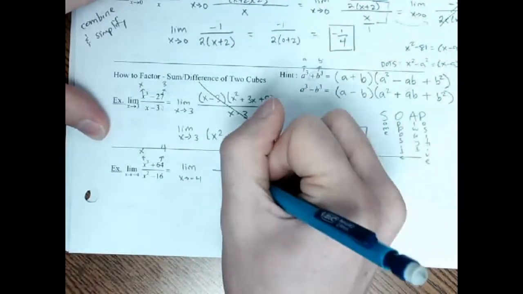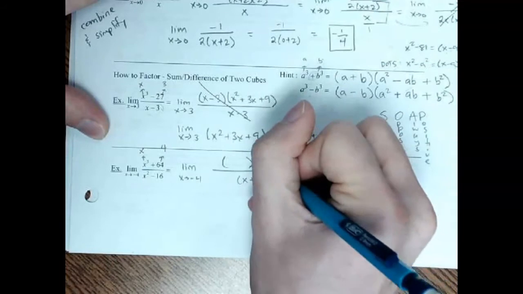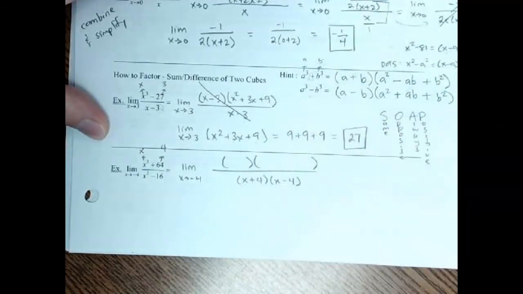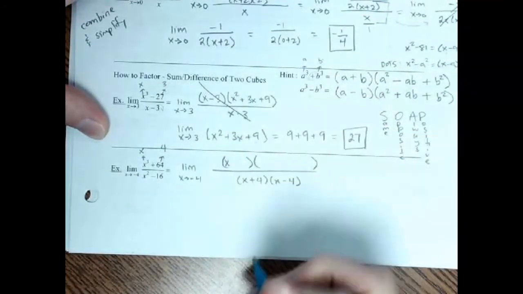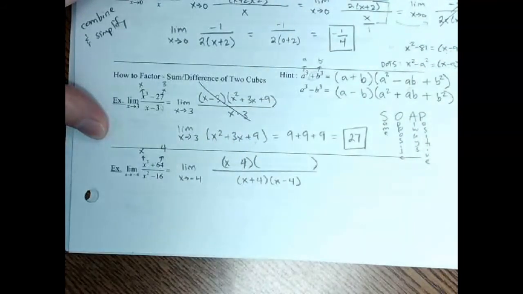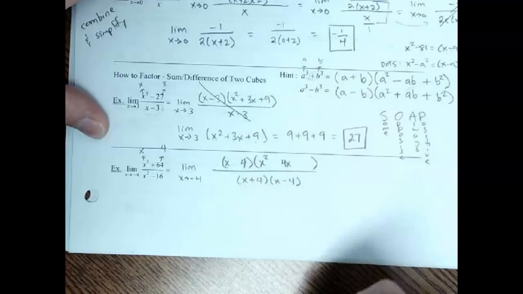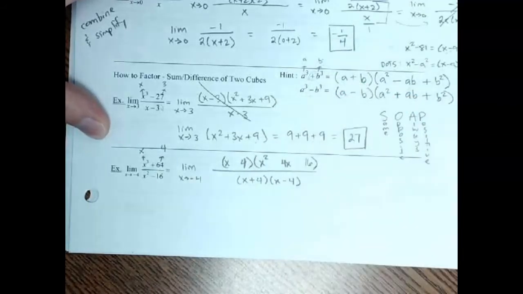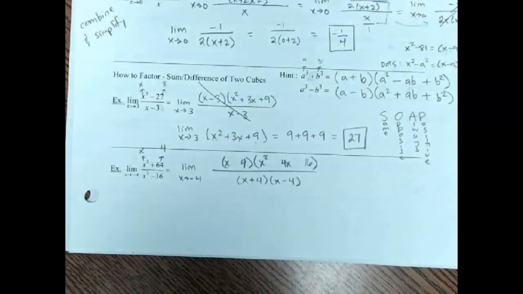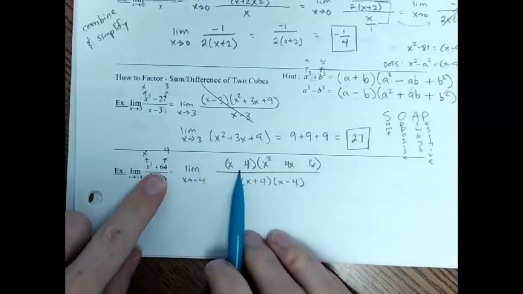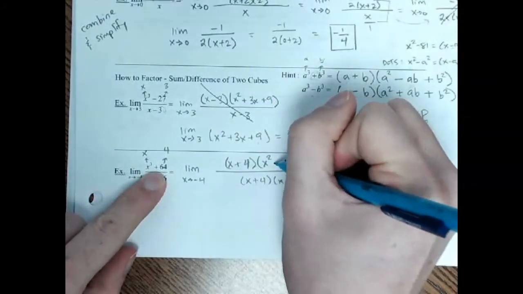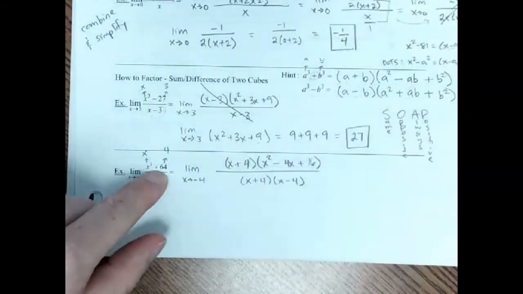So this is going to factor into a binomial and a trinomial. x for x times x, x times 4, and then your 4 times 4. And then you need SOAP for the signs. So same, opposite, always positive.